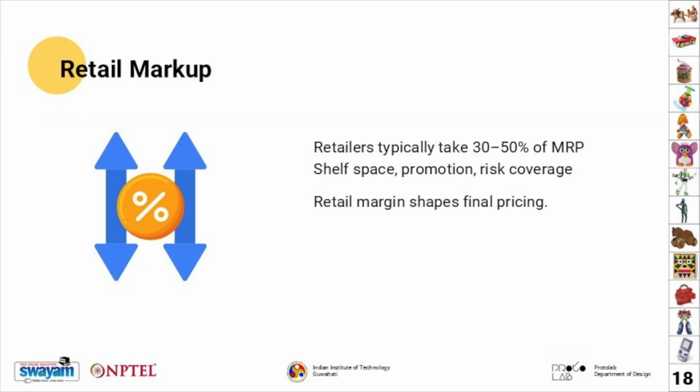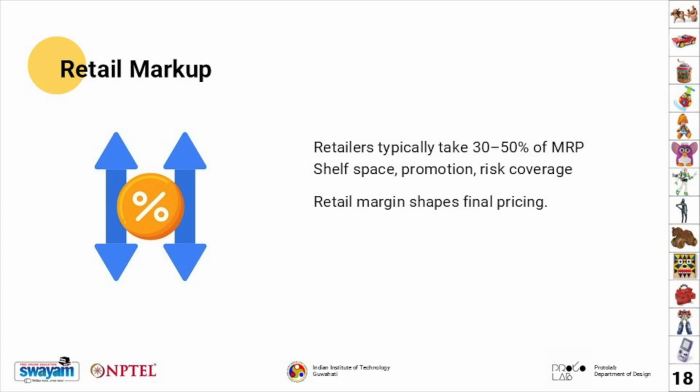Retail markup is often the most surprising element for designers. Retailers typically operate on margins between 30 to 50%, depending on category and negotiation strength. That means for our rupees 1000 MRP, the retailer may retain rupees 300 to rupees 500.